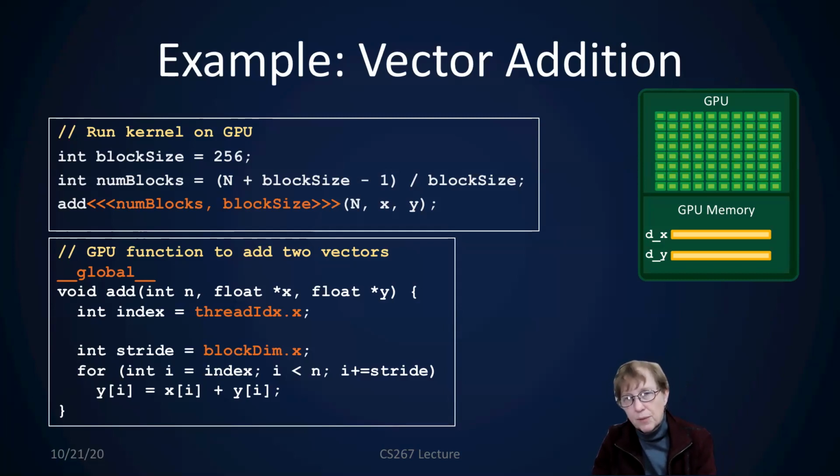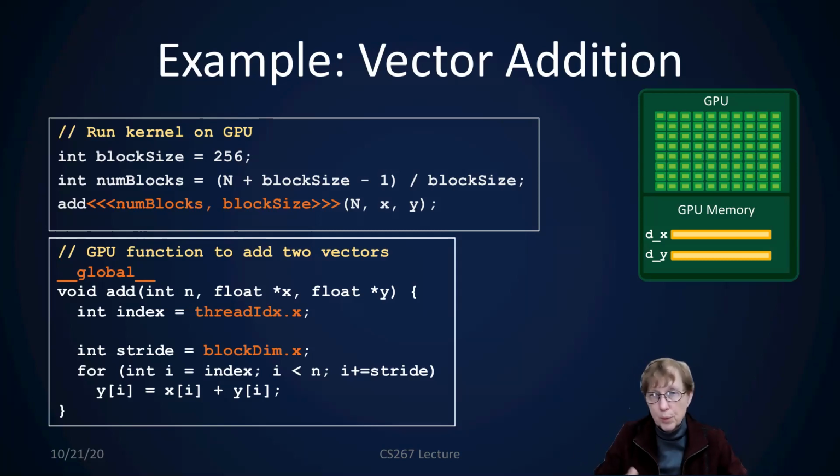But typically, this is a very common pattern, what you should see here, which is to have a fixed block size of whatever you want it to be, and that may be based on how well you think the hardware is going to execute a certain number of threads. Remember, you want lots of threads to mask the latency of operations, although if you've got a bunch of things that are going to be coming out of registers, because let's say you're doing dense matrix multiply, you may actually want a smaller number of threads because that may make it more efficient.